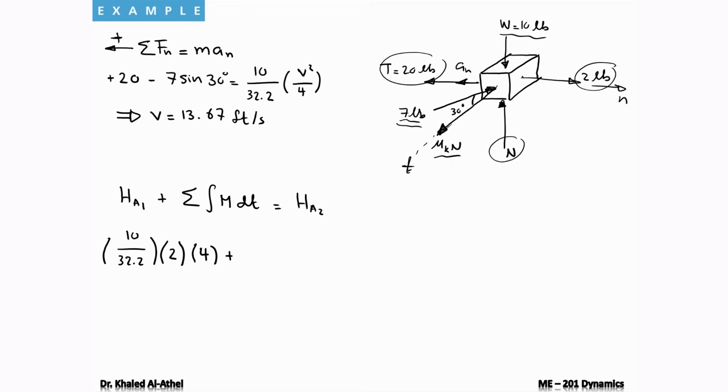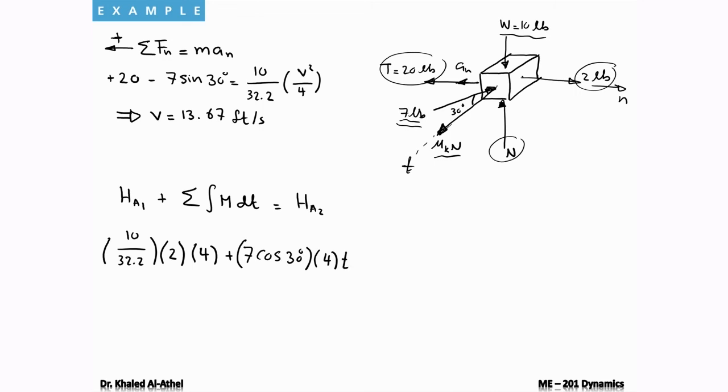Upward is going to be positive. Then I'm going to have plus, the force is 7 multiplied by its component, which is cosine 30 degrees. So this is the F. I need to multiply it by R to make it a moment, which is 4. And don't forget, many students do this, believe me, they forget to multiply by the time.